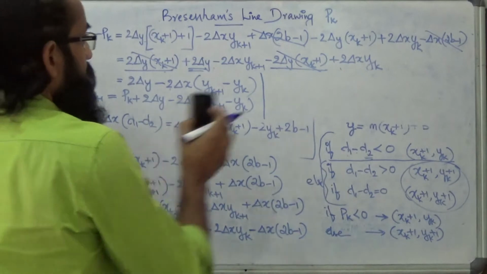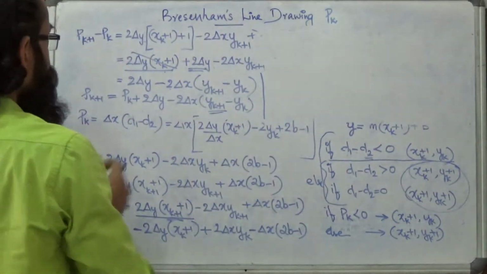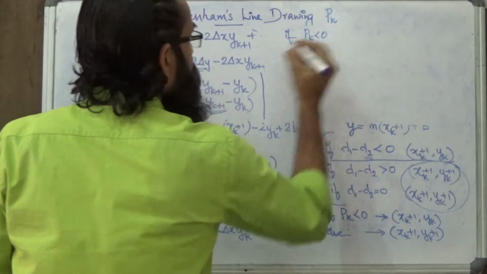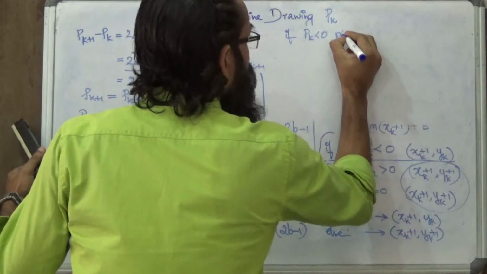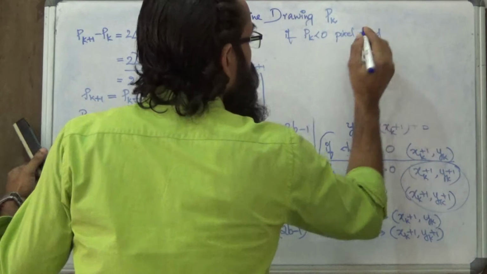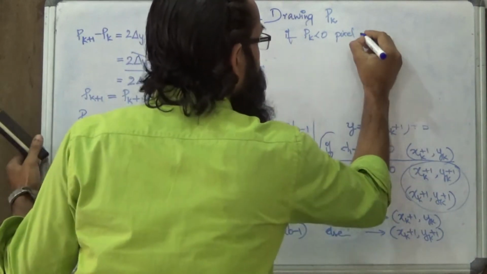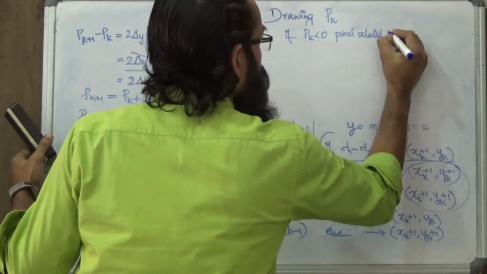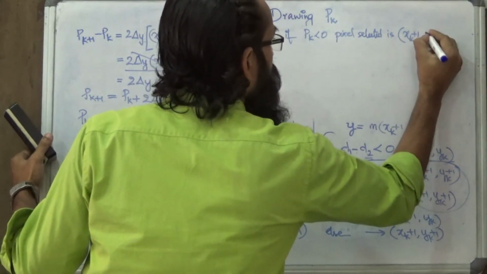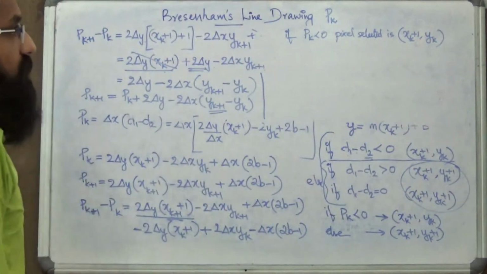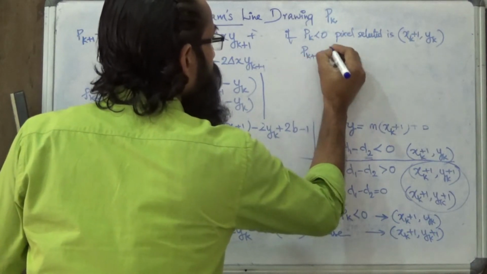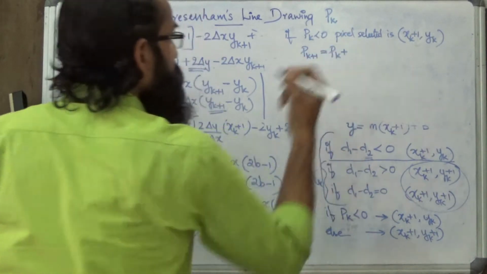So I can write like, if pk is less than 0, the pixel plotted, or you can write point selected, is xk plus 1, yk, and the next decision parameter pk plus 1 will be equal to pk plus.